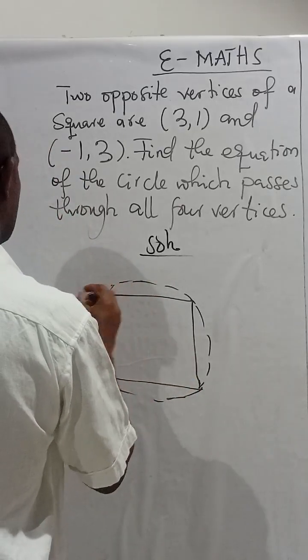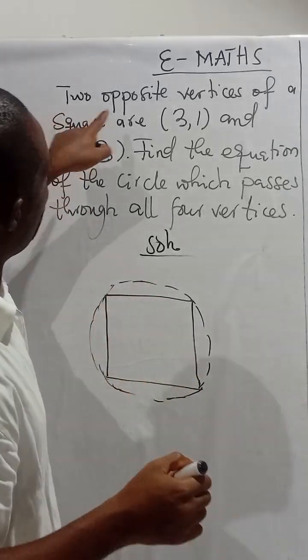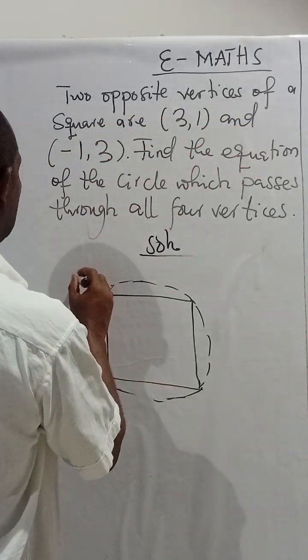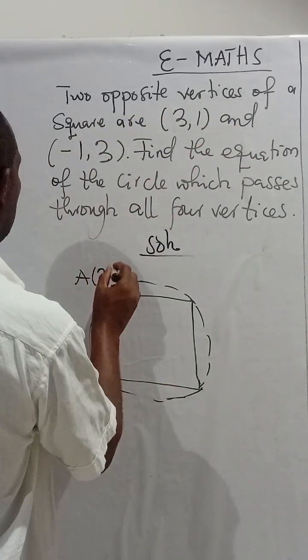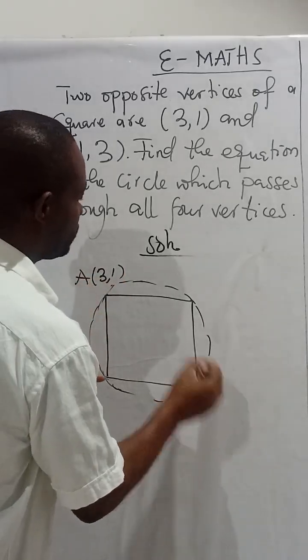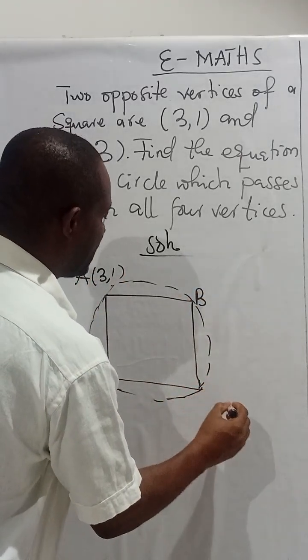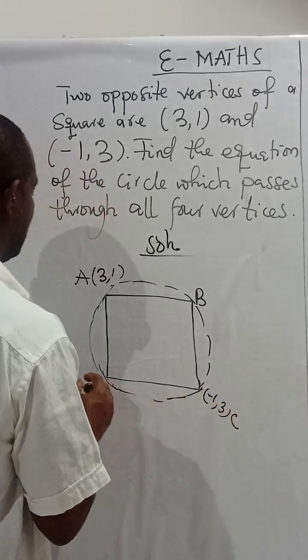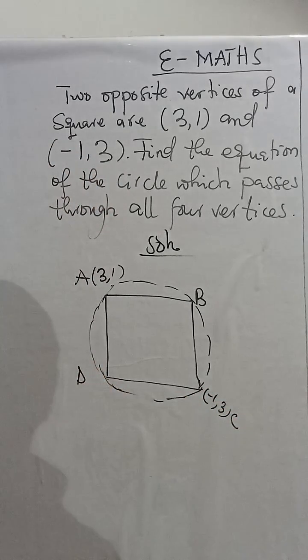Good. So let's say now the opposite vertices are (3, 1) and (-1, 3). If this is vertex A, we have (3, 1). This is the opposite vertex to this one, so this is B, that will be C, (-1, 3). Then this is D. Good.